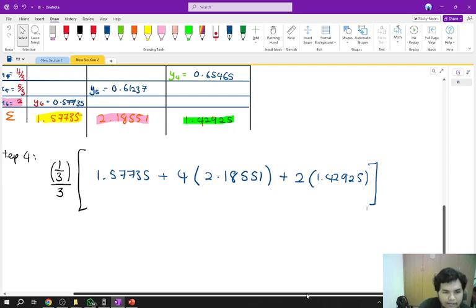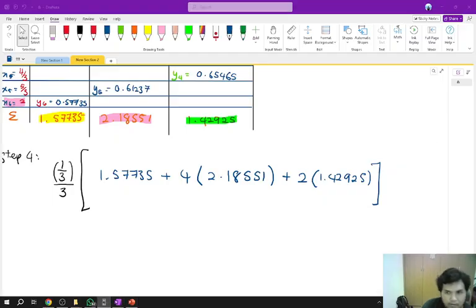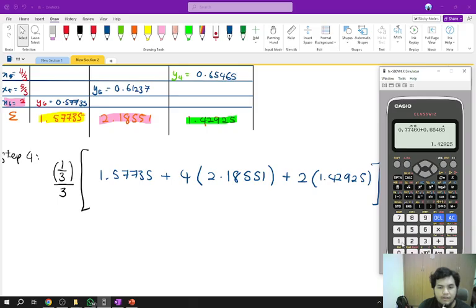Okay, so now we can calculate all the values. Just use the calculator. So we have bracket of 1 over 3, bracket of 3.